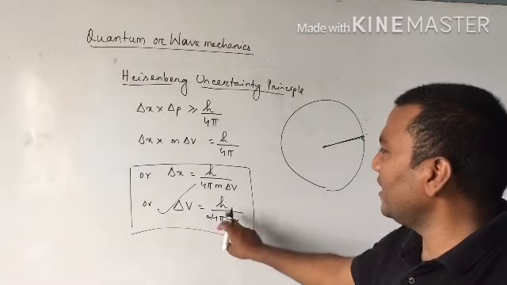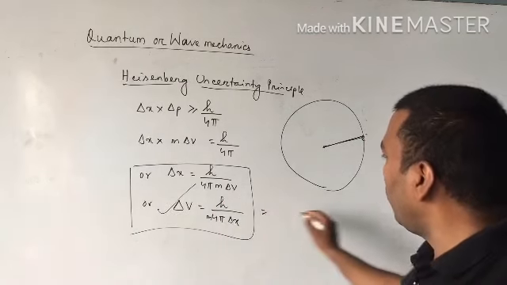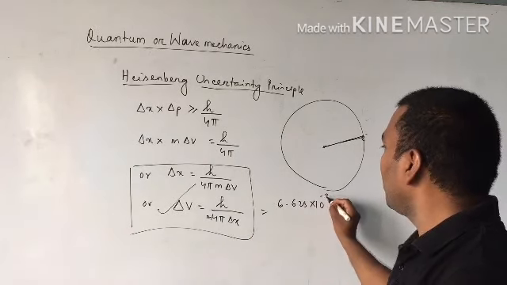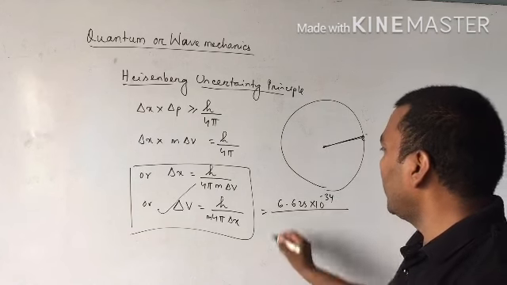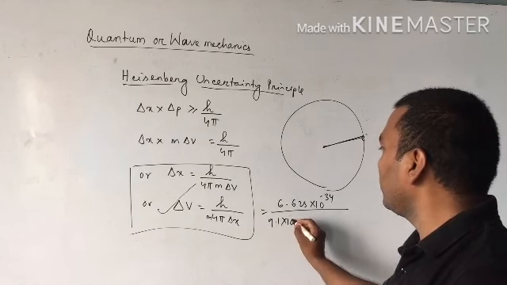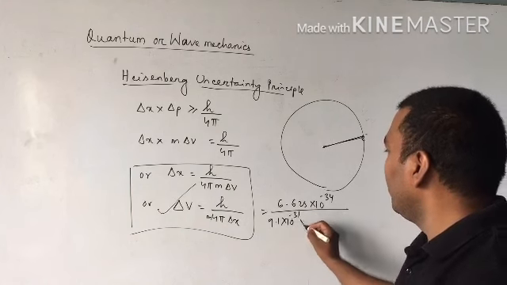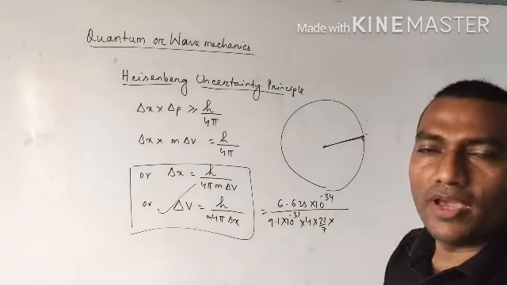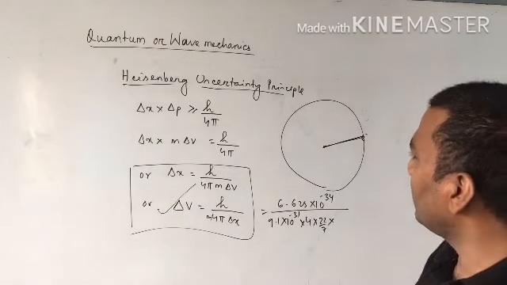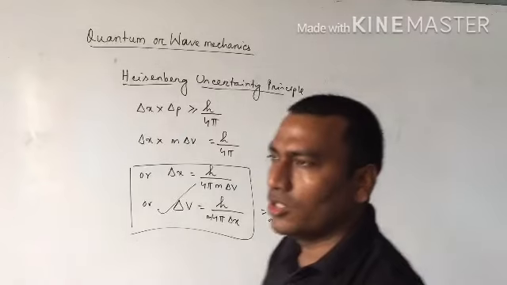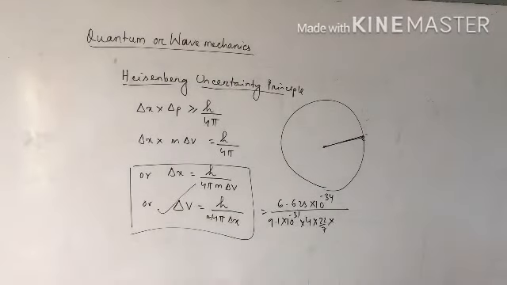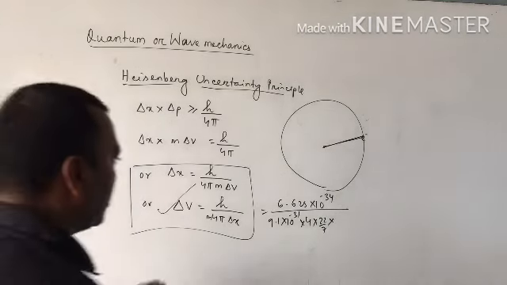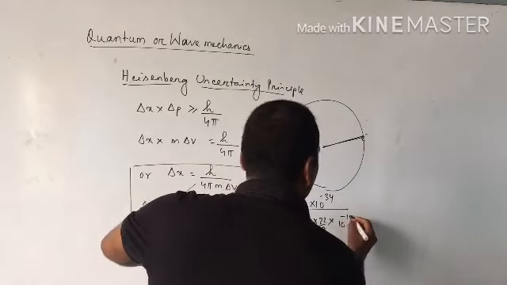If you put all the values, h is 6.625 into 10 to the power minus 34 joule second, divided by m, the mass of the electron, 9.1 into 10 to the power minus 31, into 4 into pi, 22 by 7, into delta x. The electron is present inside the nucleus, so we put the radius of the nucleus, which is 10 to the power minus 15 centimeters.